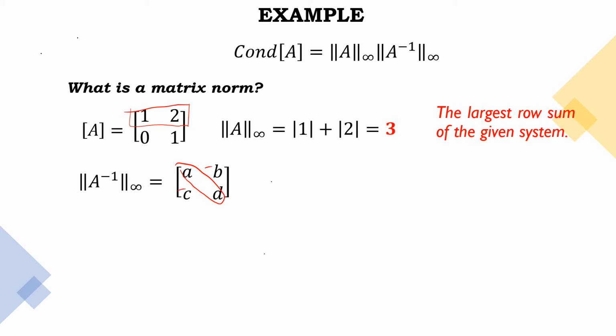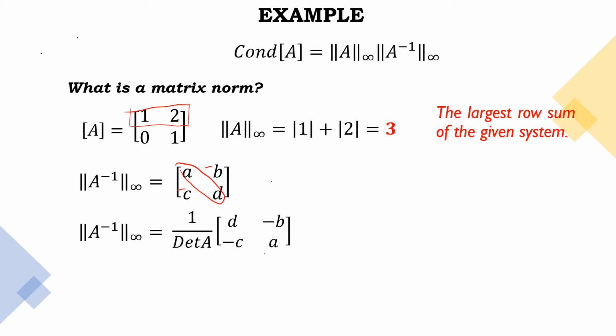You also have to consider the determinant of matrix A. To solve for the inverse, you have to get the determinant and follow the formula. In the next slide, I'll be showing you the same example. Now, this is an overview. In the next slide, it's a complete example.